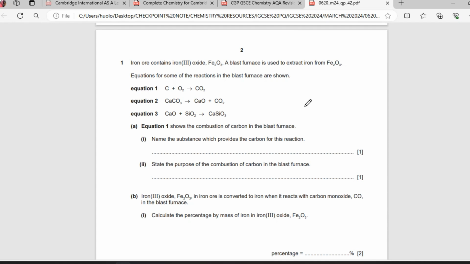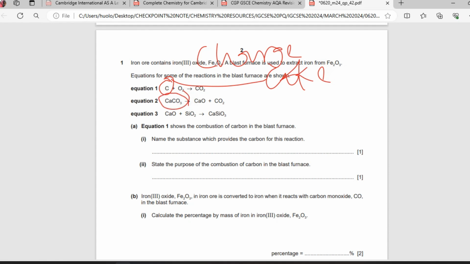Name the substance which provides the carbon. Okay, so the charge in the blast furnace contains three things. Carbon is from coke. Calcium carbonate is from limestone. So limestone is mainly calcium carbonate, and of course the ore itself, hematite.